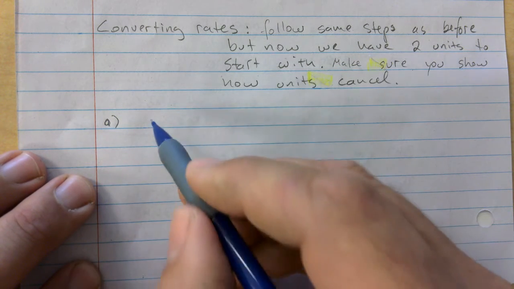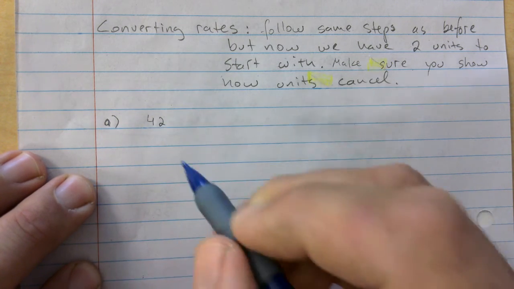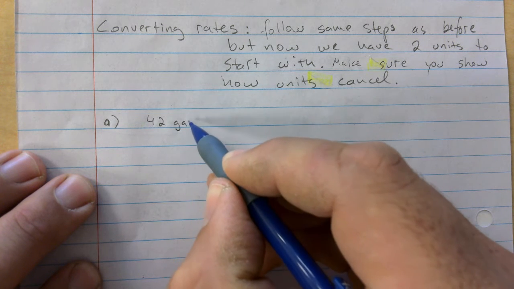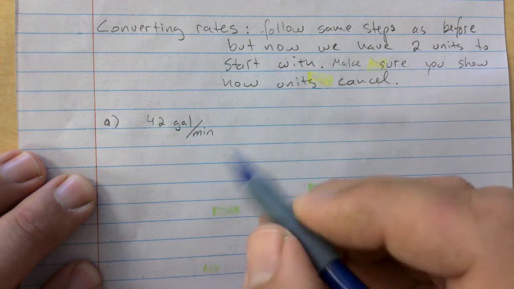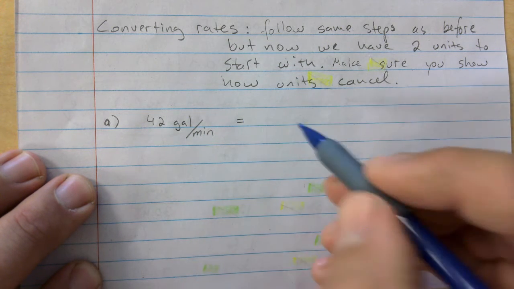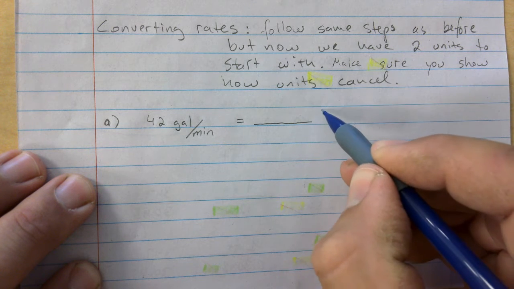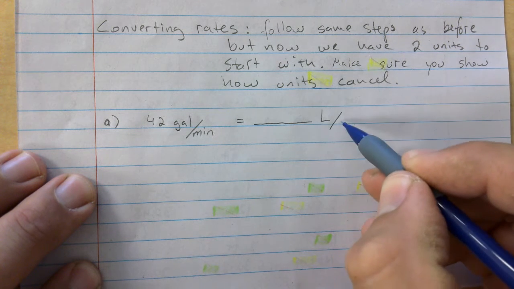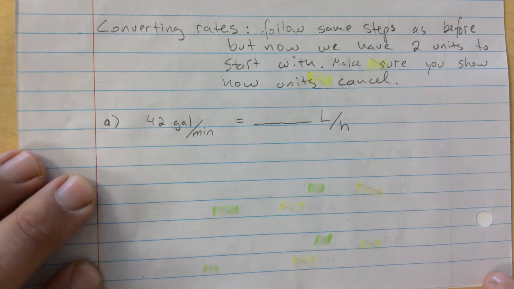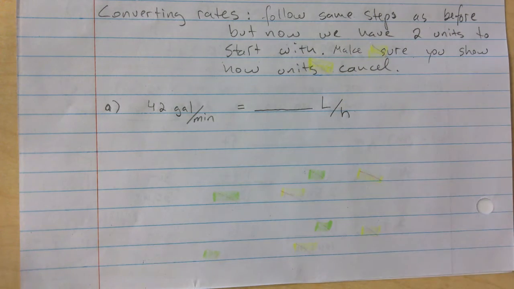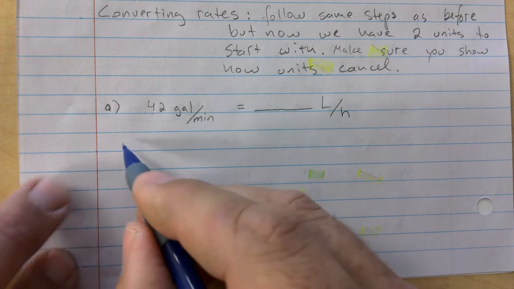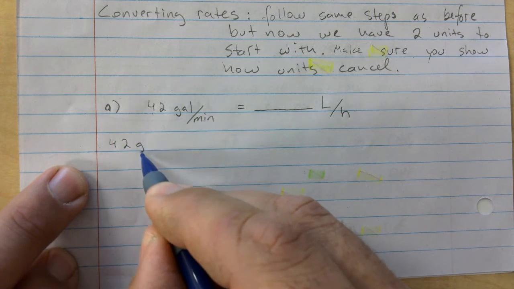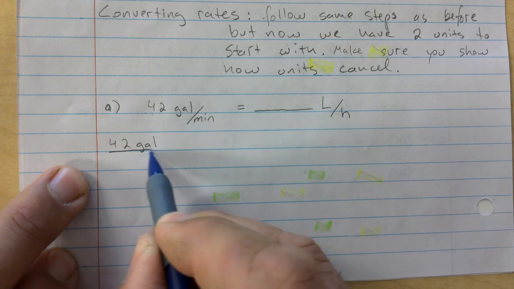Right, so A, let's say a pump is able to pump 42 gallons per minute, and you would like to convert that to liters per hour. When you see something like this, it's essentially saying 42 gallons in 1 minute.